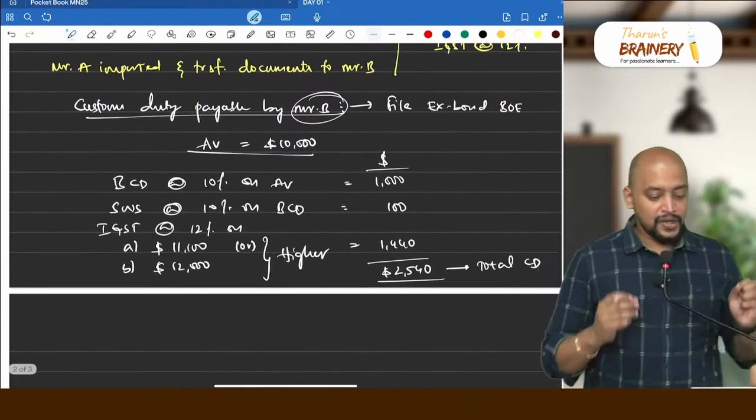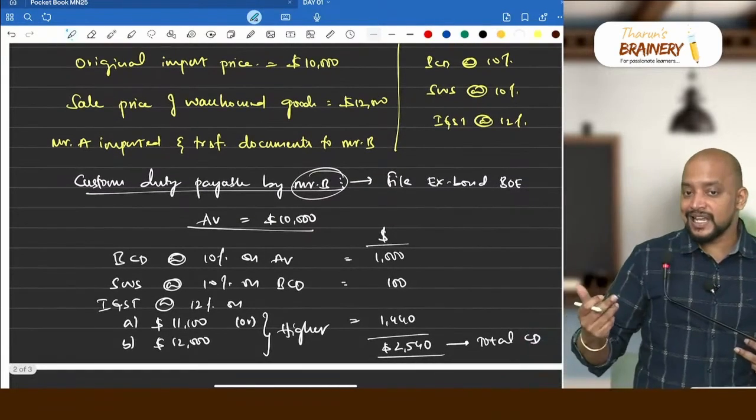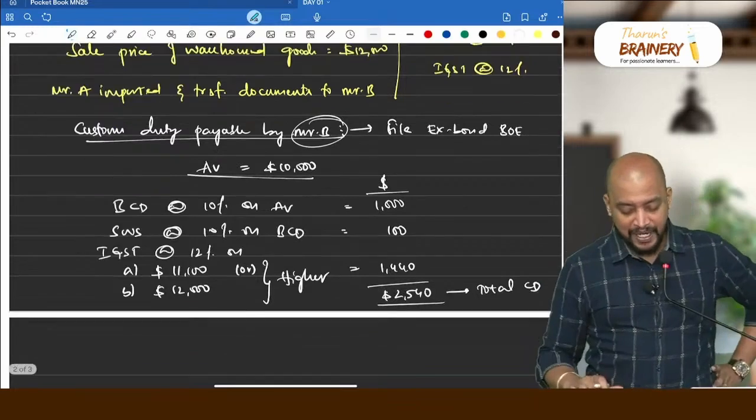Now, slight change. What if these goods are sold before depositing in the warehouse? Okay, then what would have happened?